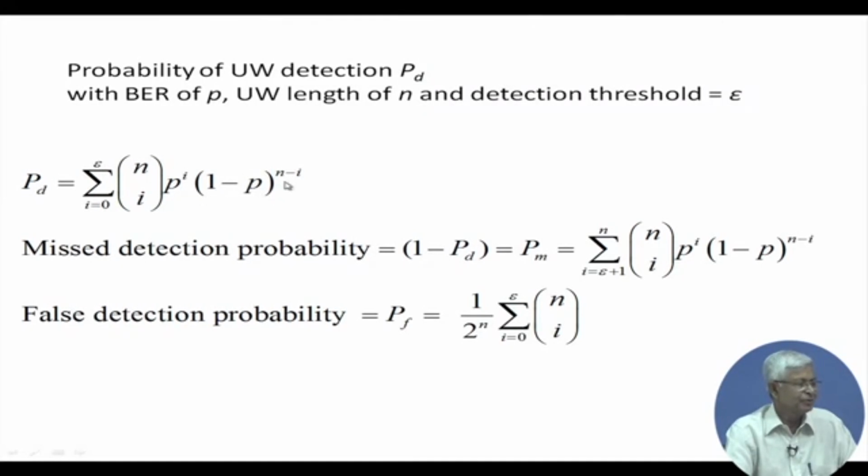The misdetection probability is 1 minus the detection probability, that is, the sum from i equal to epsilon+1 to n of nCi p^i (1-p)^(n-i). The probability of false detection is 1 over 2^n times the sum over i equal to 0 to epsilon of nCi.